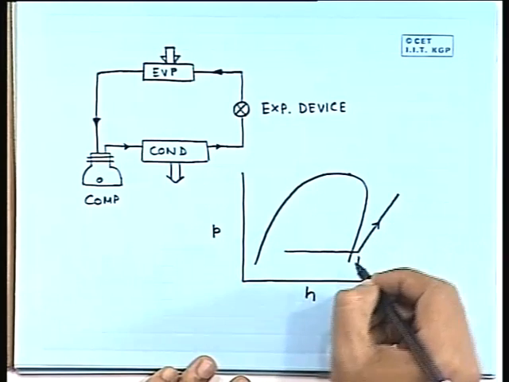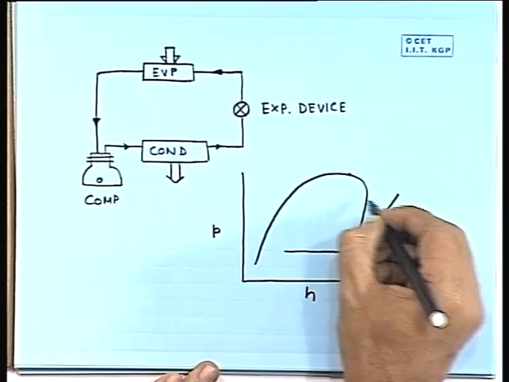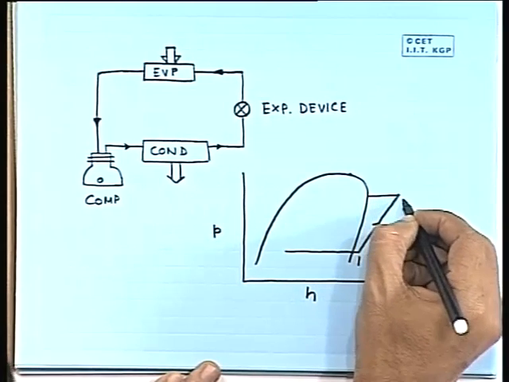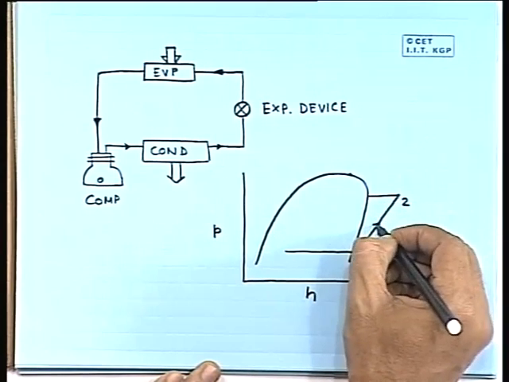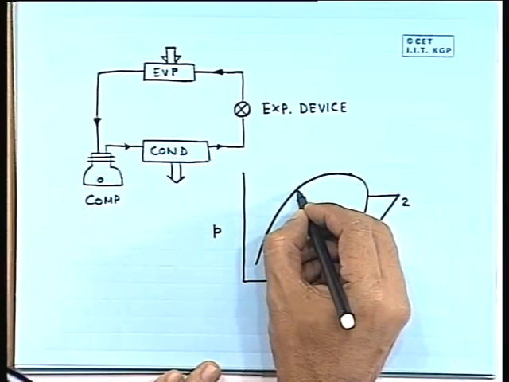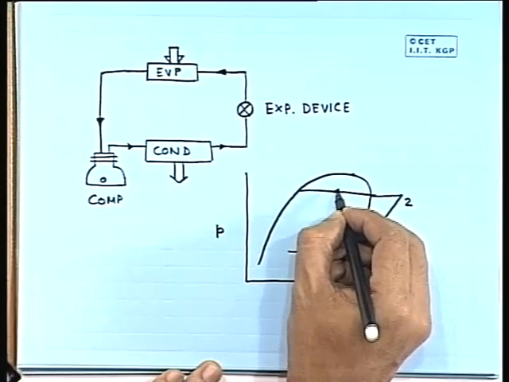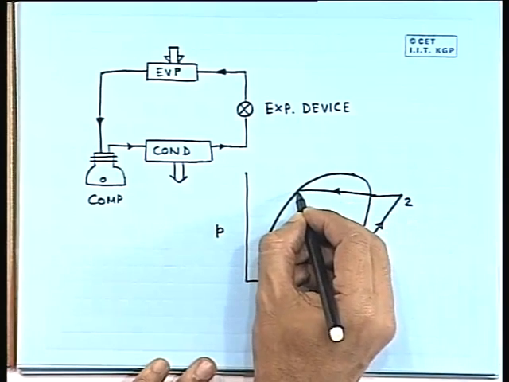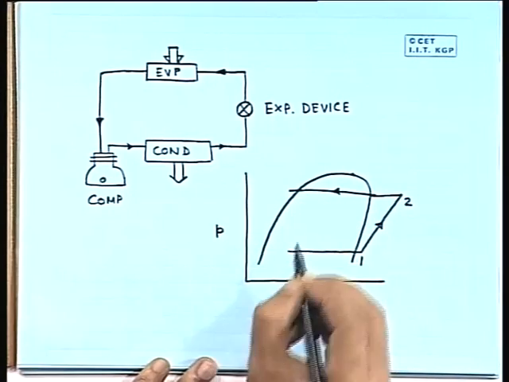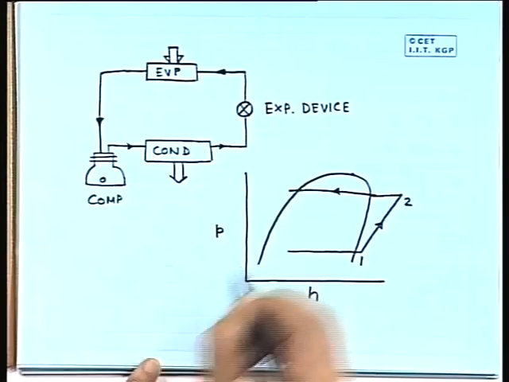This is 1, that means it is at the entry of the compressor. Then this is 2, at the exit of the compressor. Then it goes all the way to the saturated liquid condition, and in most probable cases it is also subcooled slightly.